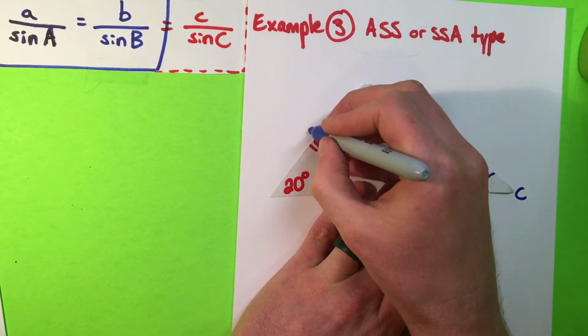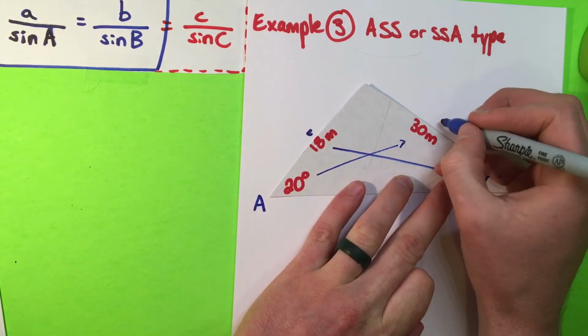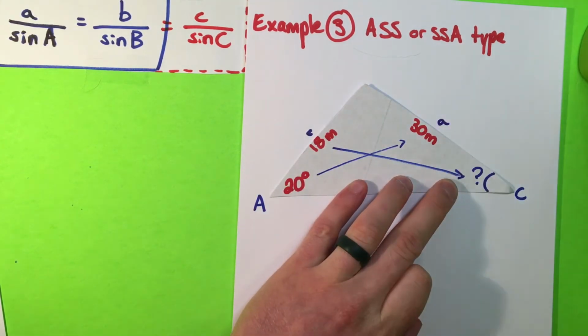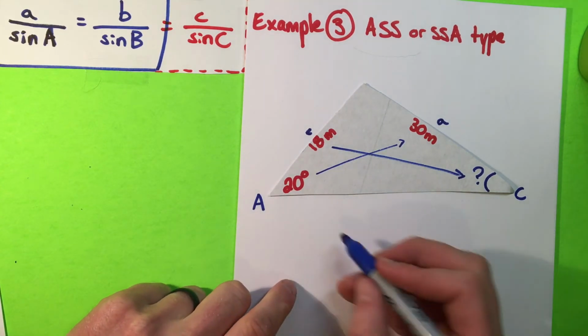I'm going to write big A for the 20 and little a for the 30 meters that's across from it. And then I'll call the 18 meters little c this time, and across from that, we'll make it big C. So this time, we're trying to solve for big C.